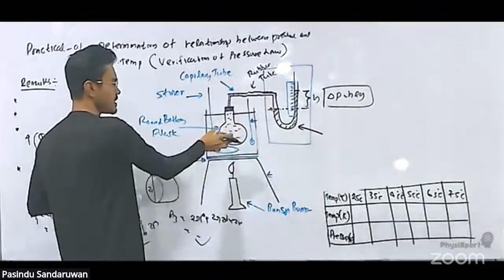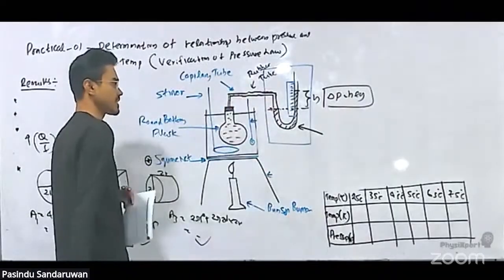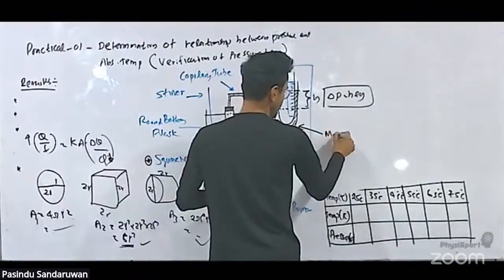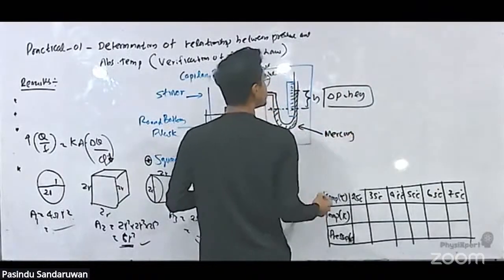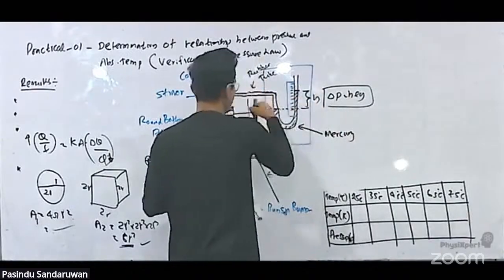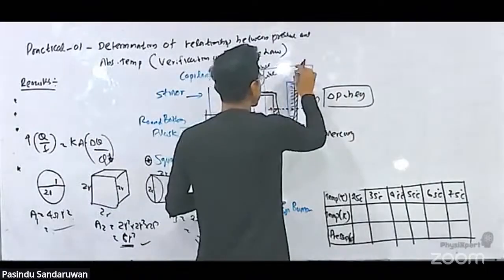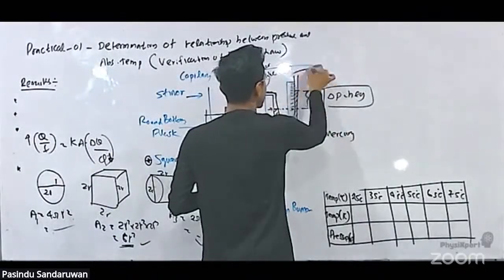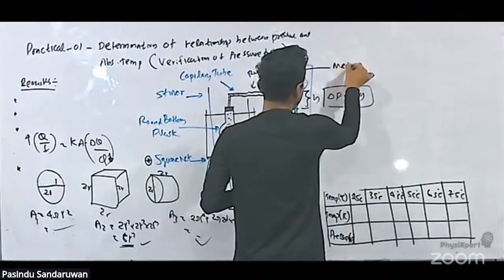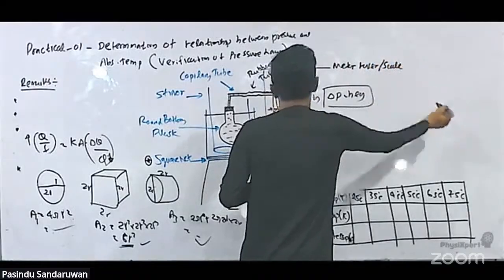Just draw the modified part, the flask along with the modified part only. You don't have to draw the whole setup. The mercury is open here. This part is a glass tube, this is a rubber tube. Then here there is a meter scale, a meter ruler.